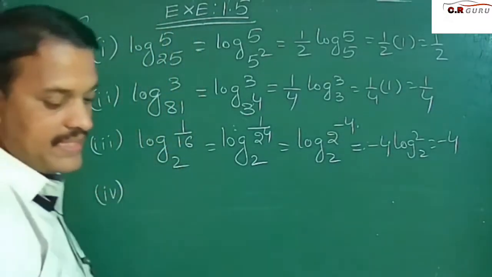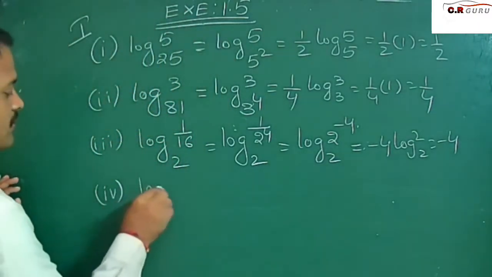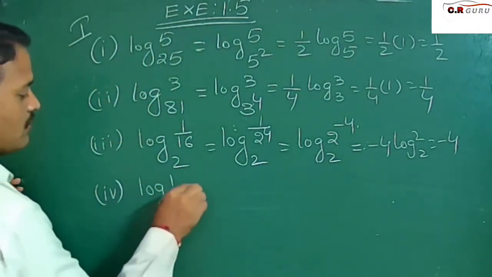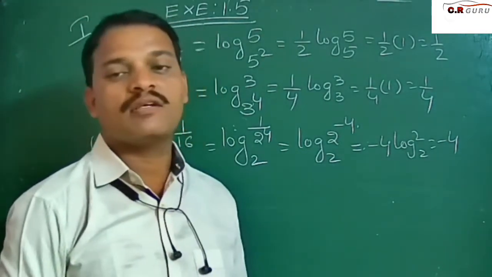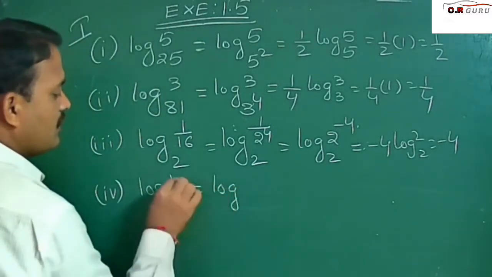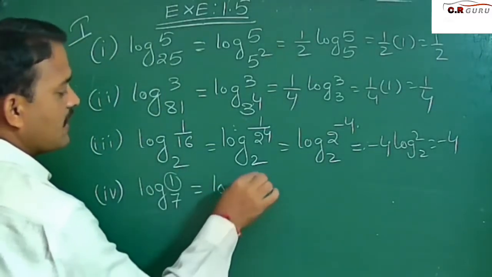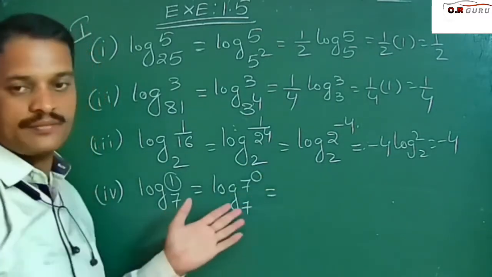Next, the fourth sum is log 1 base 7. How will we get the value of log 1 base 7? Instead of 1, shall I write 7 power of 0? Anything power of 0 becomes 1 only.